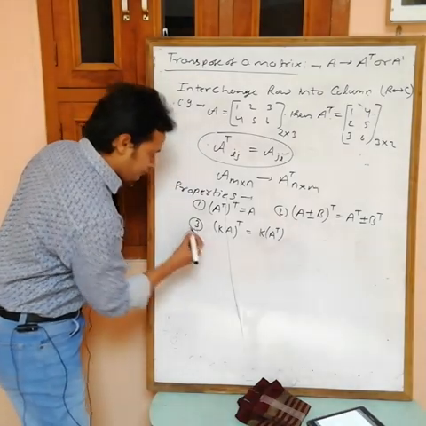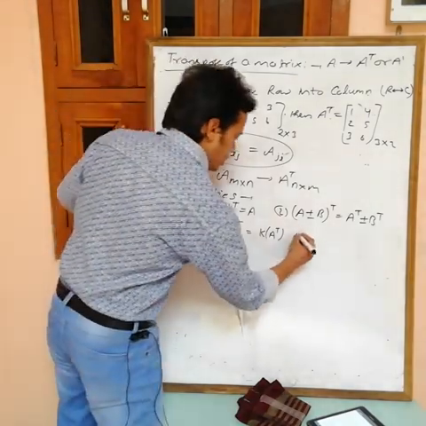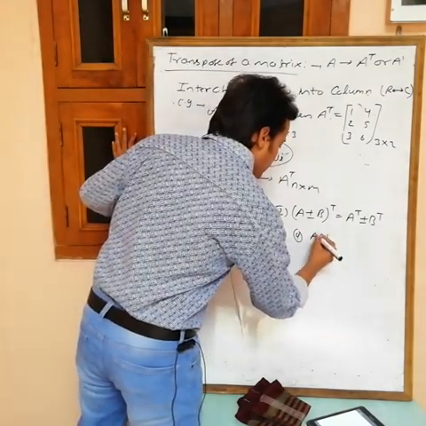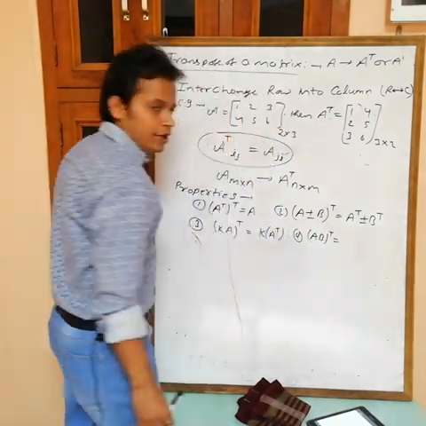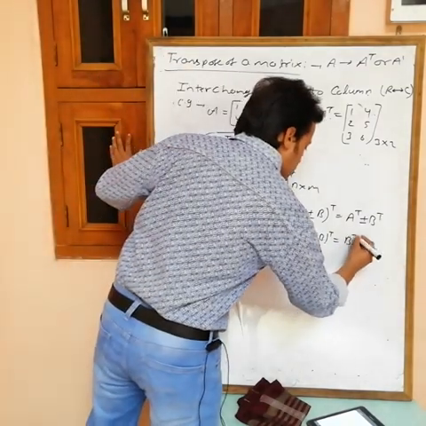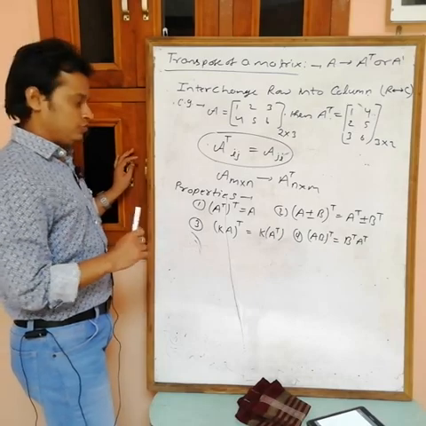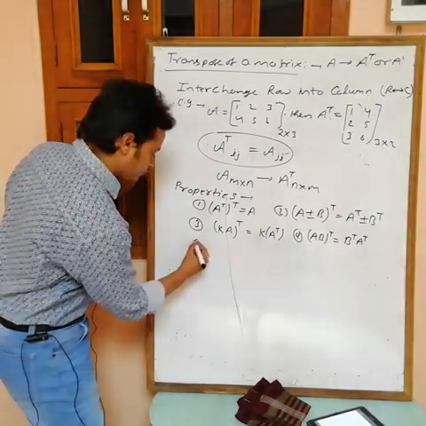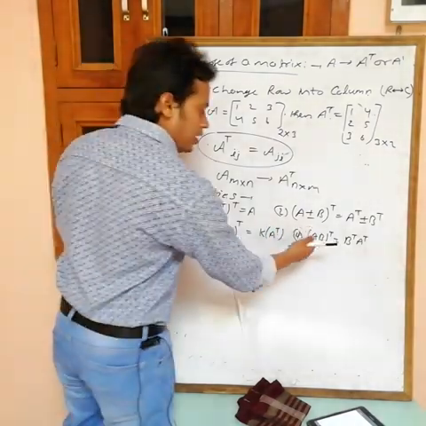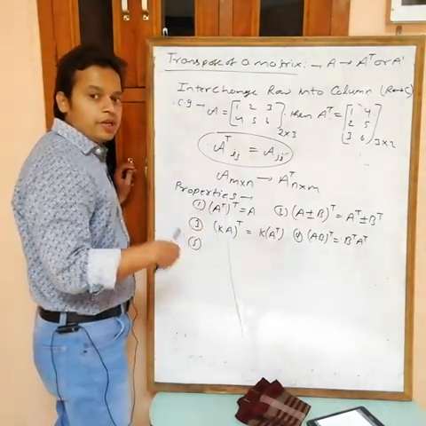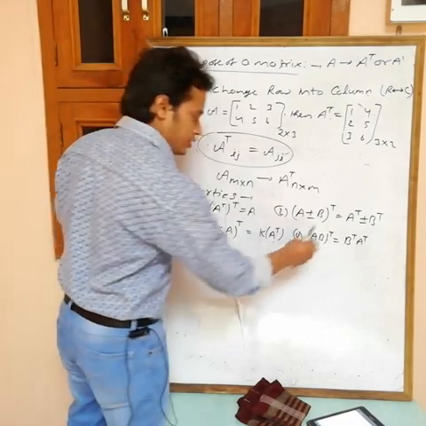Fourth one: A into B whole transpose is equal to B transpose into A transpose. Similarly, if you want A into B into C whole transpose, then you can write C transpose into B transpose into A transpose. It means in reverse.